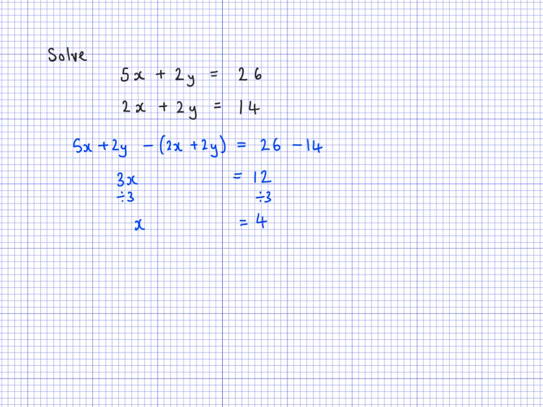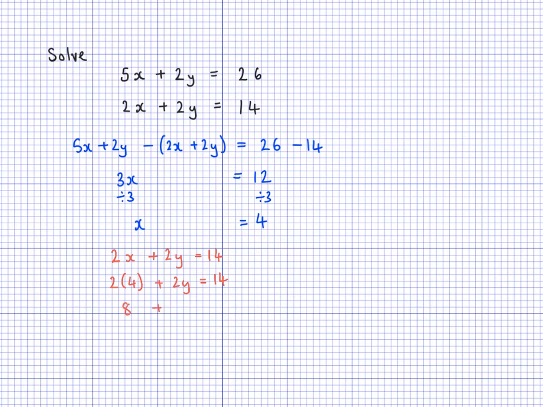Now, when I know x is equal to 4, I can use either one of these equations to find the value of y. Let's use the second one because this one has smaller numbers. It might be easier. So if I write this one, let's do it in a different color again. So 2x add 2y equals 14. So x is 4, so I can write 2 times 4 add 2y equals 14. 2 times 4 is 8.